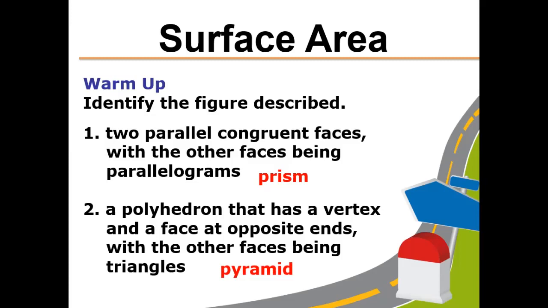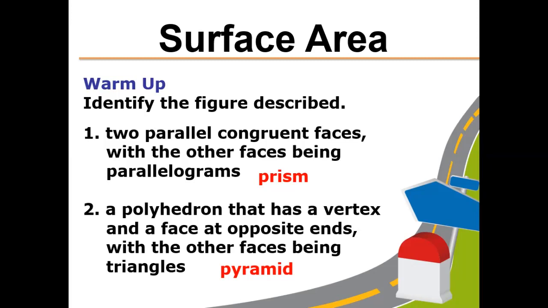Okay? Can you see the difference between the prism and pyramid? The prism has 2 parallel congruent faces, but the pyramid has a vertex opposite to a face. That means it has one base, and opposite to this base, it has a vertex. Can you see the difference now?